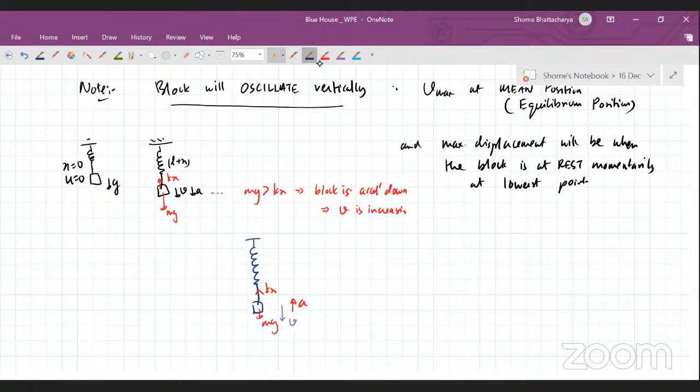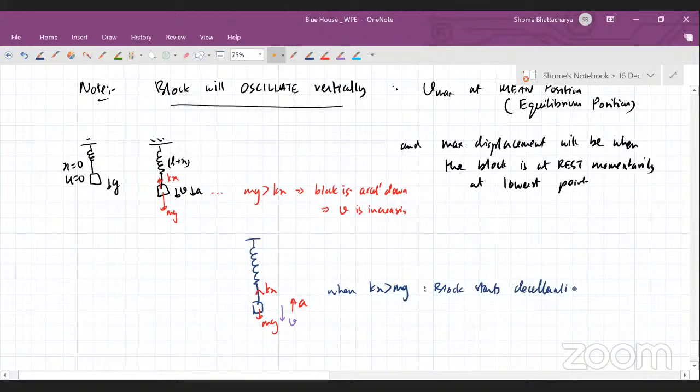Okay. So when kx becomes greater than mg, the block starts decelerating because the acceleration is upwards. So speed is now decreasing.